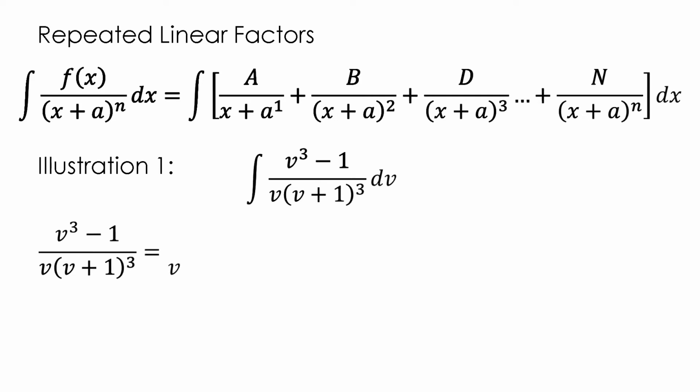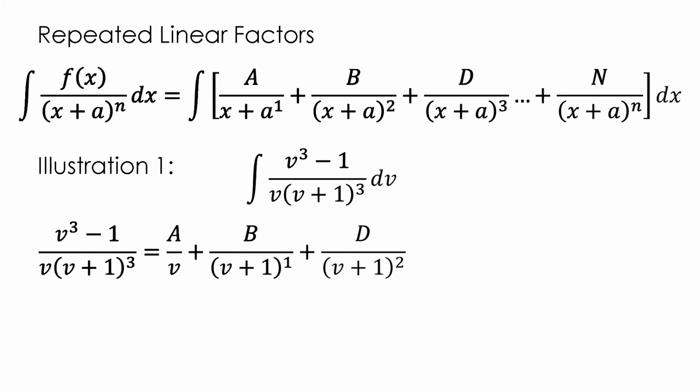We could write this as equivalent to A all over v plus B all over v plus 1 raised to 1 plus D all over the quantity v plus 1 raised to 2 plus N all over v plus 1 and the whole quantity raised to 3.